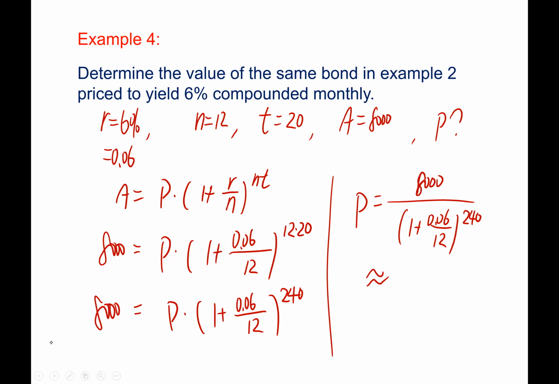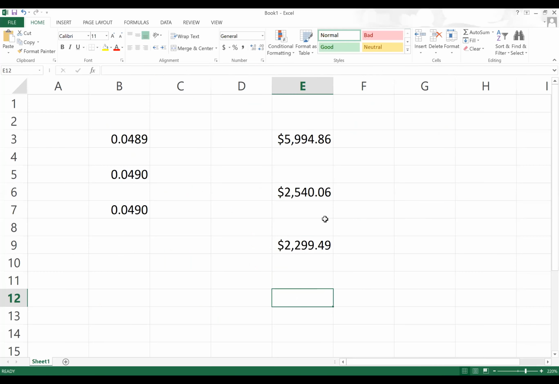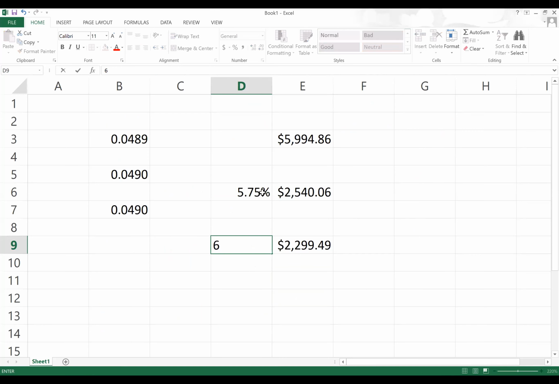See the outcome of this one more time using Excel. Okay, and then you see the comparison, right? This price is for the 5.75% interest rate, and this is for 6.25%. Now we have 6%.